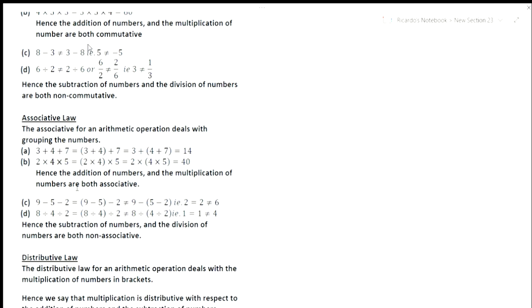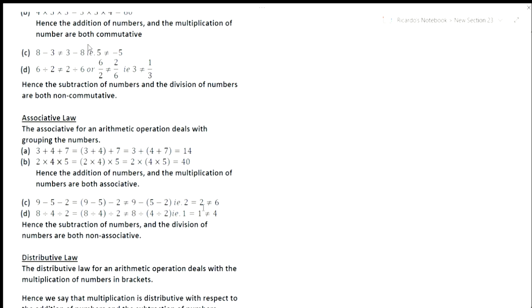Okay, but if you look at C, you will see that if I subtract 5 from 9, then subtract 2 from it, it will equal to if I group 9 and 5 and subtract them, and then subtract 2, it will equal to that, but not equal to if I group the 5 and the 2 and subtract them, then subtract the result of that from the 9, which will give you a totally different answer.